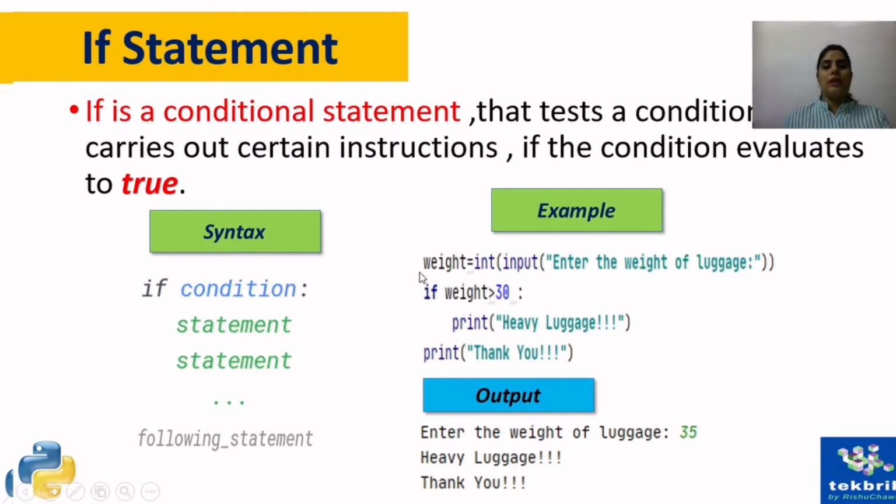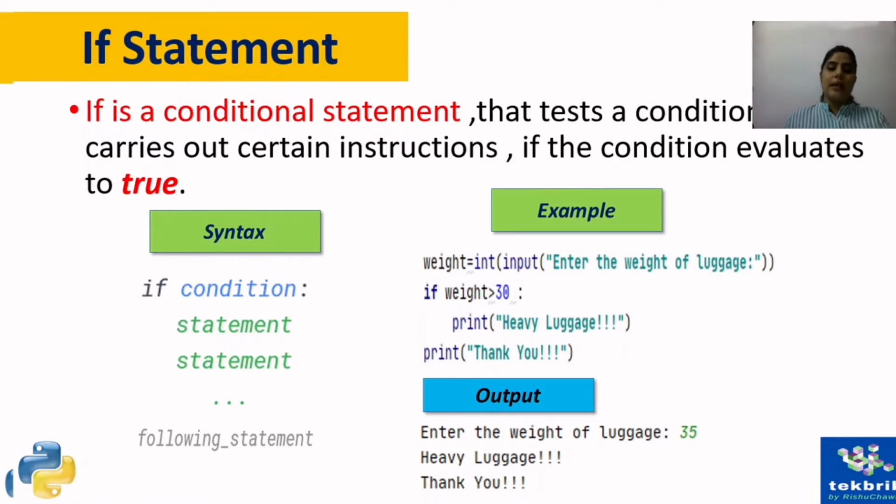This is called a conditional statement, the if statement. If is a keyword, and after if we have put the condition that we need to check. The colon is part of the syntax that we have to put in Python. After that, the next statement is: if the weight is greater than 30, just print heavy luggage, okay, and in the last print thank you, right? But if the weight is less than 30, then in that case we have not done anything. That means the condition is false, and execution will stop.